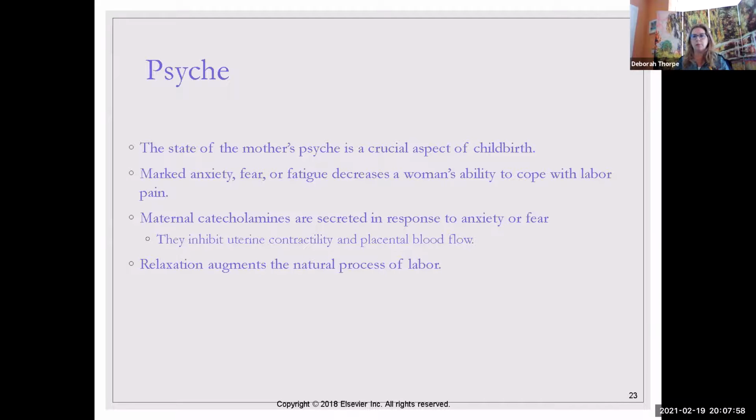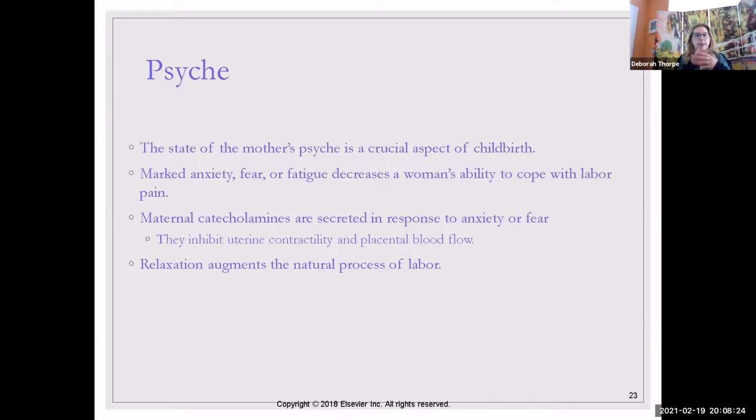Her whole system has catecholamines being pumped out because she's so anxious, and she's afraid of the pain that she's going to start having. When you think about the whole interrelationship, what does that do to the birthing process?